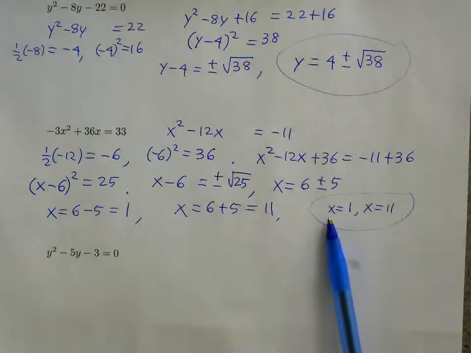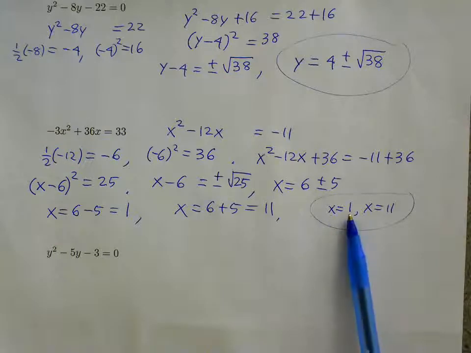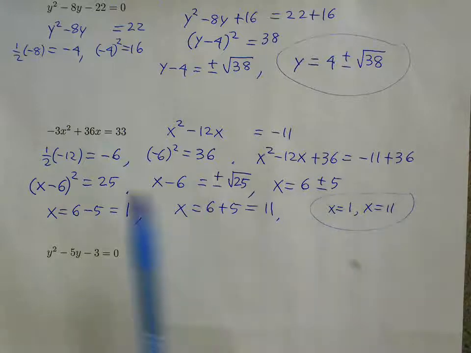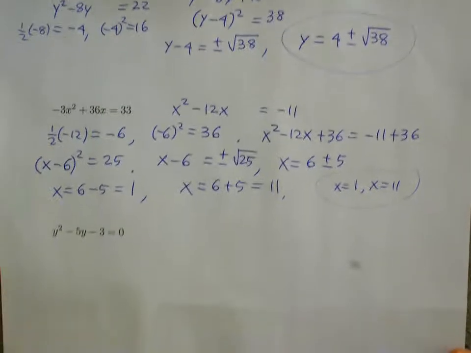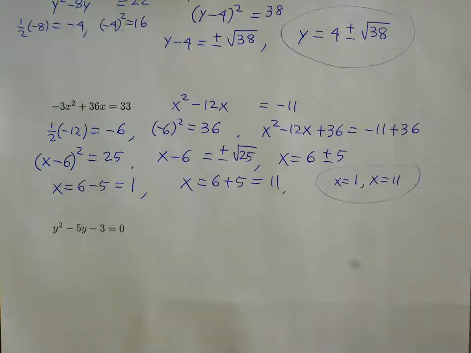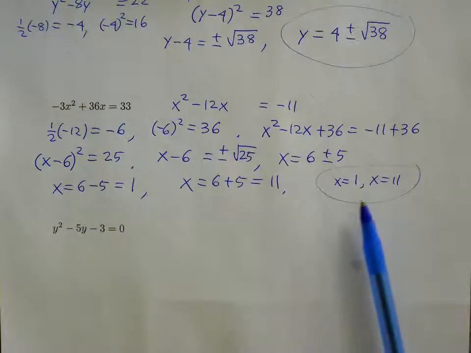When the solutions are integers, that means that we could have solved by factoring, because we could factor it using integer coefficients if the solutions turn out to be integers. But you can always solve an equation using completing the square method.